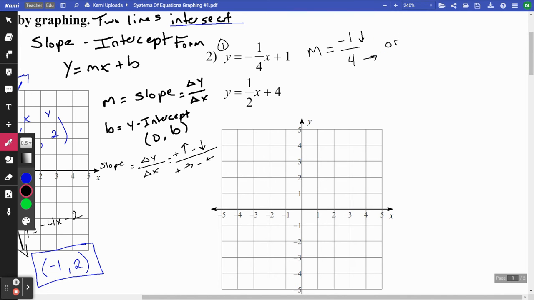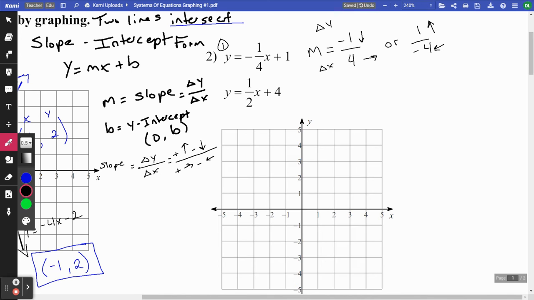Or it could be 1, -4, where I have to go up 1 and to the left 4. The way that you remember this is, again, remember slope is your change in y over your change in x, right?